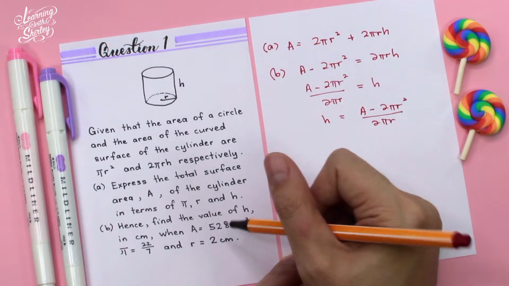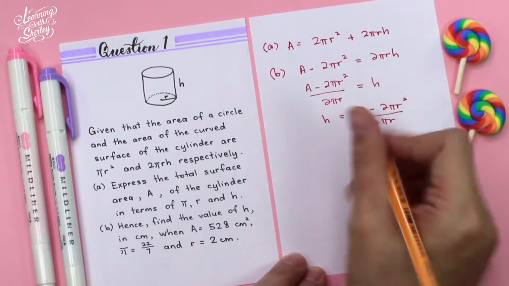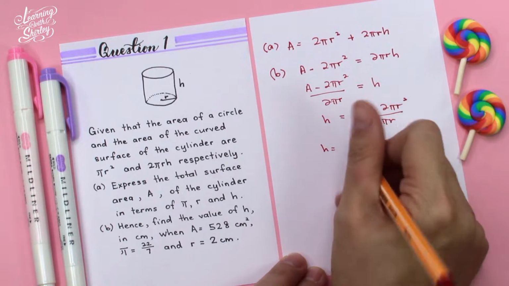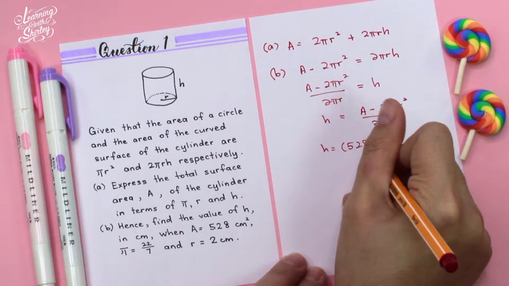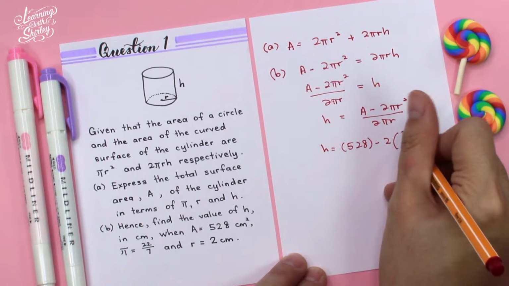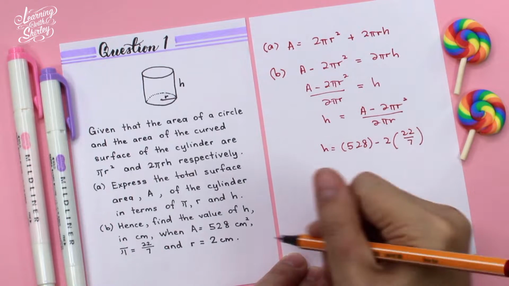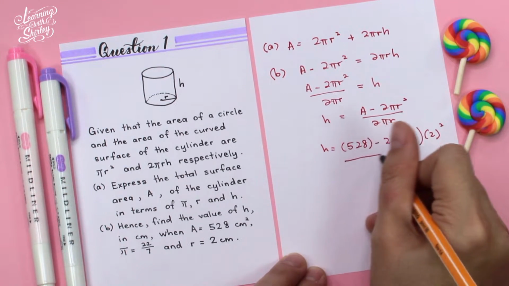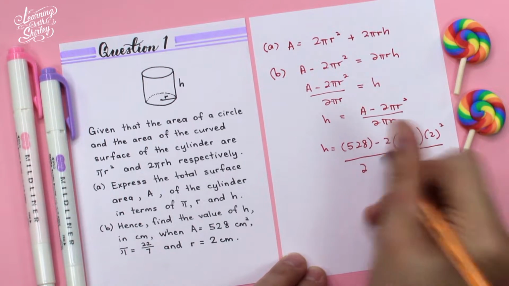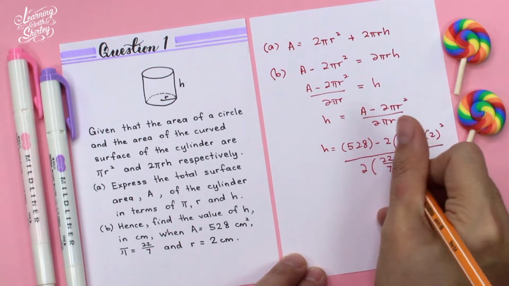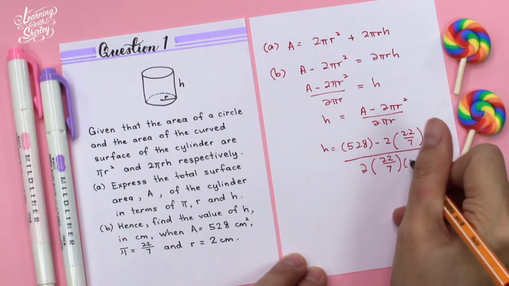And then we substitute the values of A, pi and r. So h equals, the value of A is 528, so 528 minus 2, and then the value of pi is 22/7, and then r is 2 cm, so 2 square. So the whole thing over 2, then pi is 22/7, and r is equal to 2.